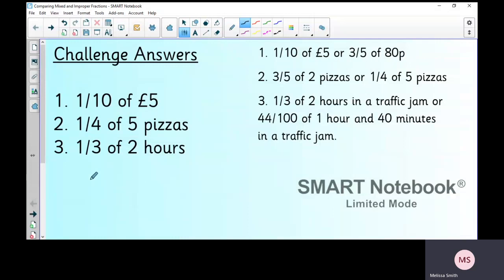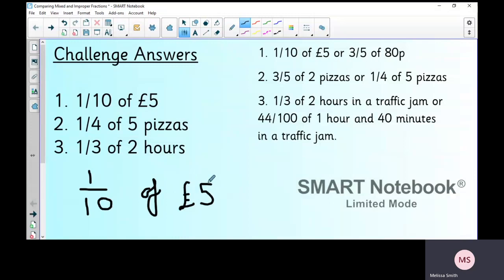So if we have a look here, we've got 1/10 of £5. Now, I'm hoping that you'll remember from our maths lessons that when we're finding a fraction of an amount, we take the amount here, £5, and we do 5 divided by 10.